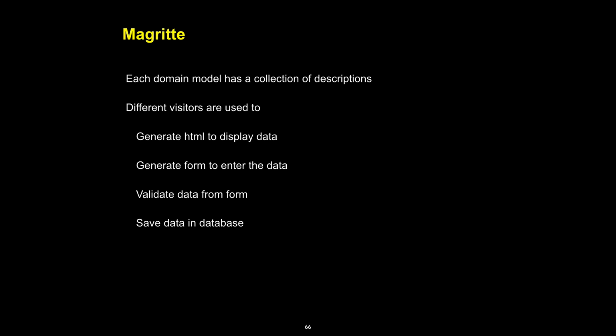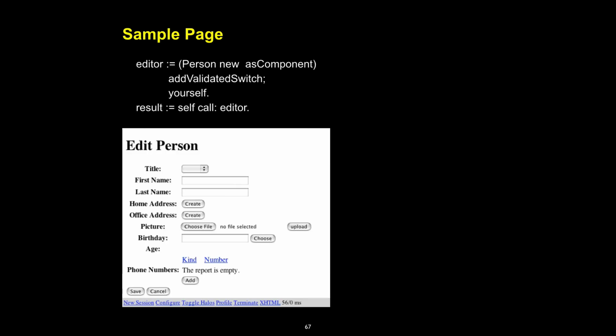So basically, literally you would create a person object, and you'd have a description of what all the fields are supposed to be in there, and then it would generate a page like this automatically. And it would validate the data for you. When you hit save, it would store it in a database for you.